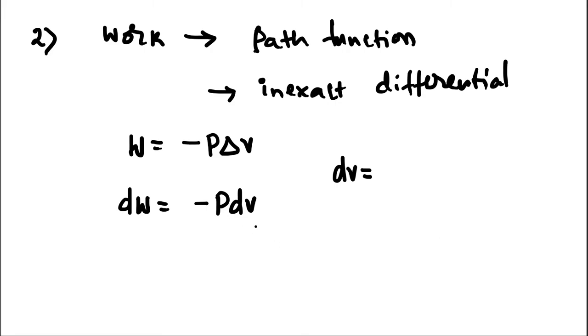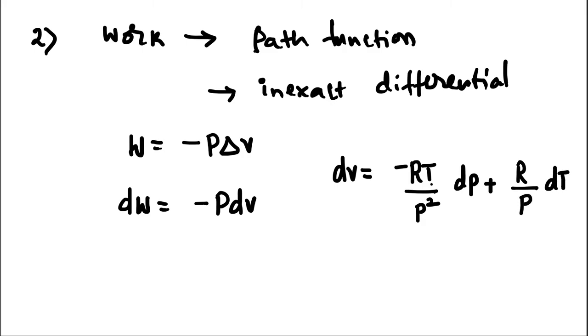That is going to be negative RT over P square times dP plus R over P times dT. This is dV over dP at constant temperature, and this is dV over dT at constant pressure.